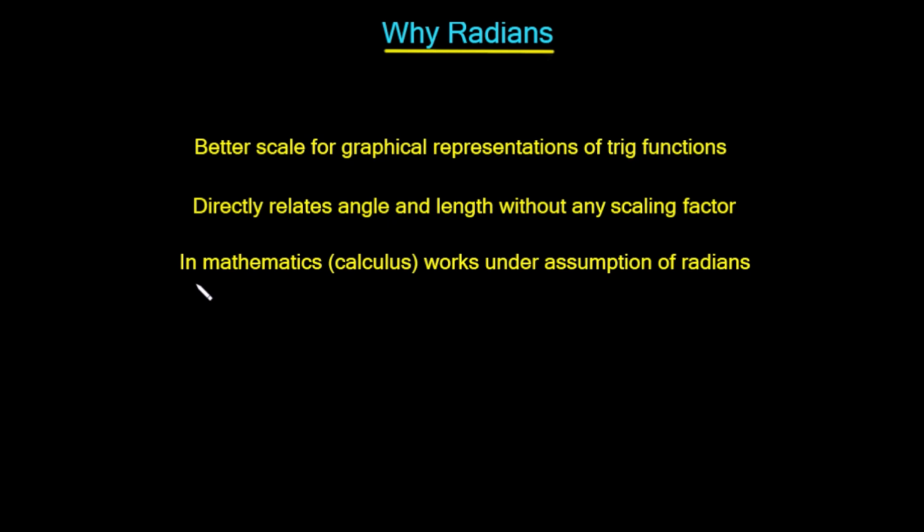Now finally, in mathematics, in particular if we look at calculus, it works under the assumption that you're actually using radians. If you weren't using radians and you were using degrees, then you would have the factor of 180 upon pi or pi upon 180 within all of your calculations. So it's much easier, much simpler and much more elegant to always work in radians.